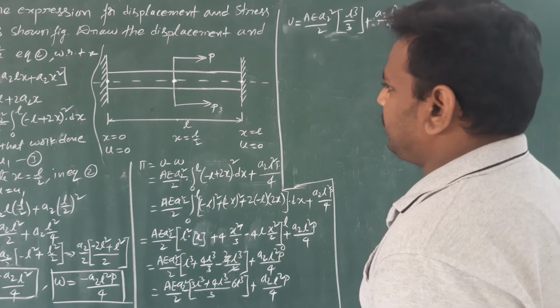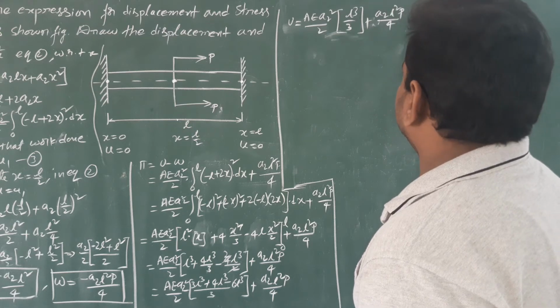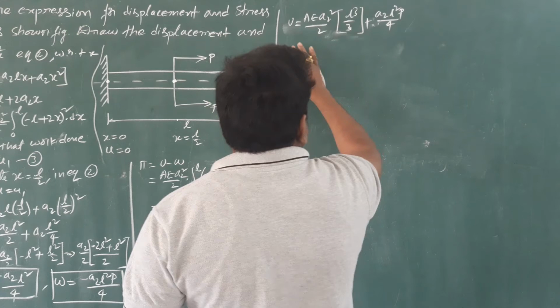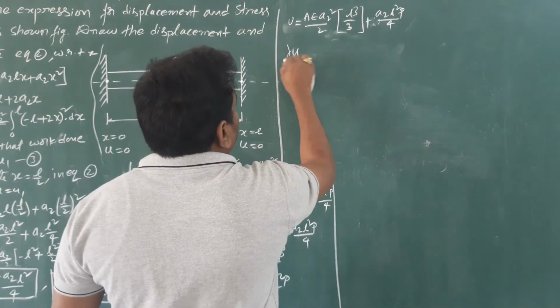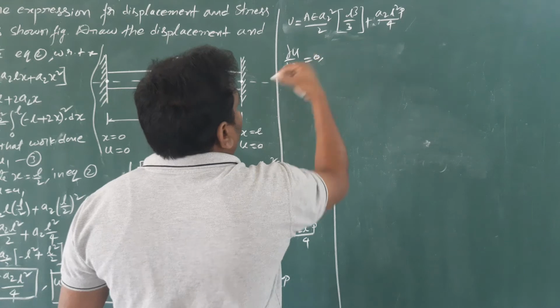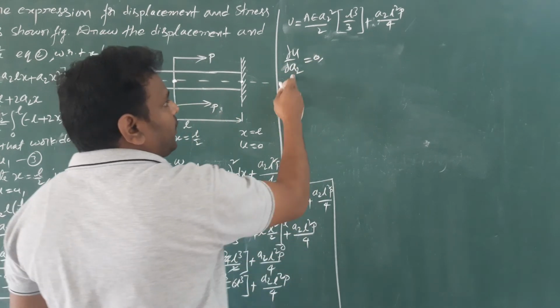Now this is U. Differentiate this entire equation with respect to A2 and set it equal to 0, then we will get the A2 value.